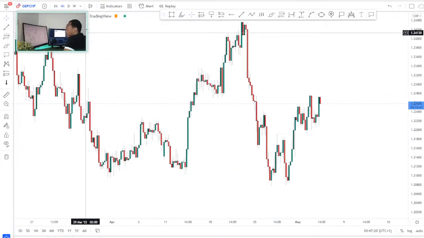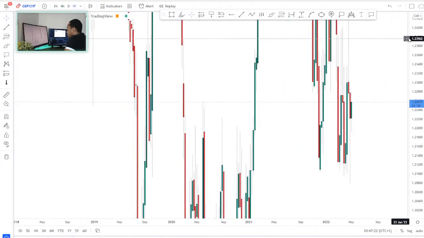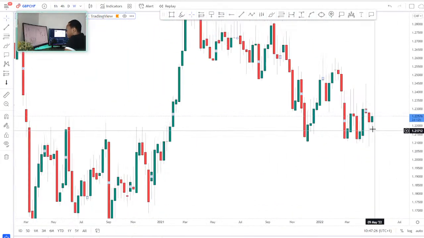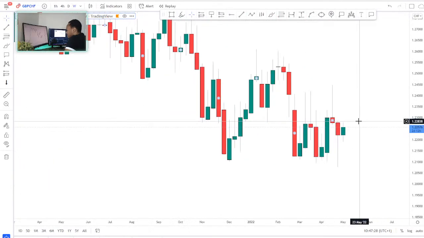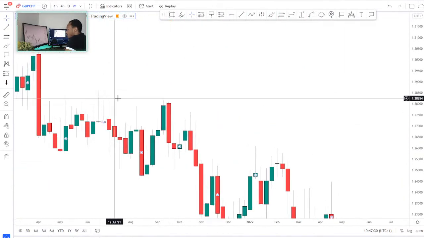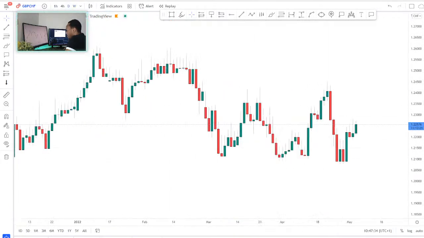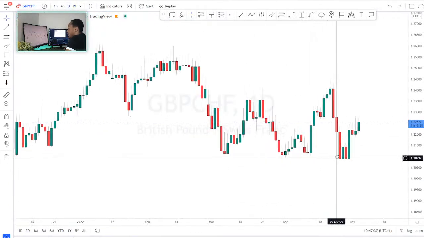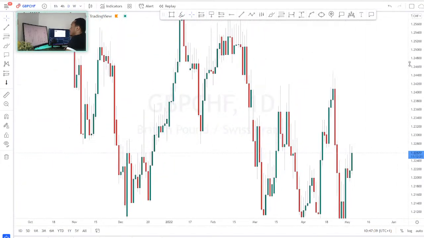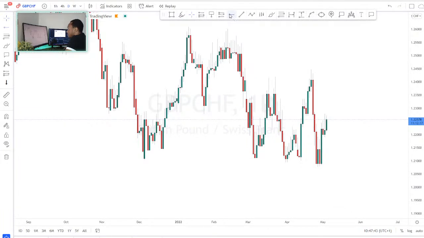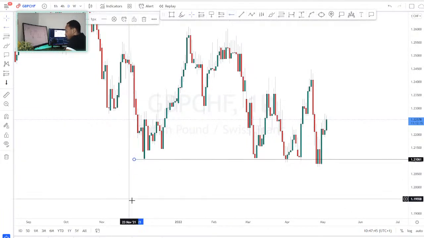Okay, so Pound Seat Chef, interesting stuff. So Pound Seat Chef is a very, very choppy pair. I am still bearish on this one. Price is kind of just consolidating, but overall we are still making lower lows and lower highs. That's the week. Oh, I forgot the watermark. How dare I? So we are still making lower lows and lower highs to the downside here, but we do have a very, very strong support.